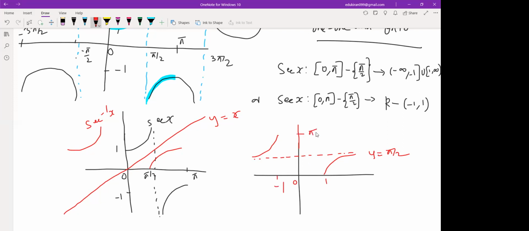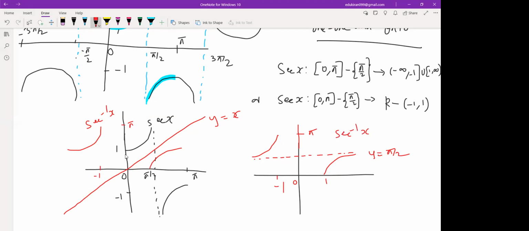This is the graph of sec inverse x separately.